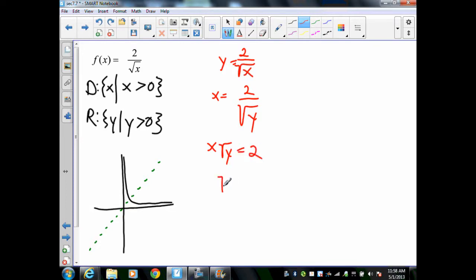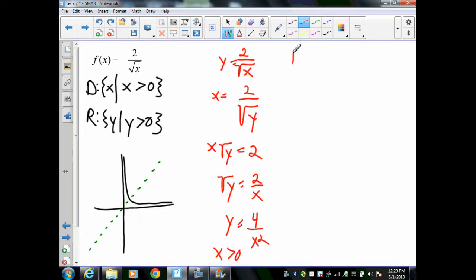Divide by x, the square root of y equals 2 over x. Square both sides, I get y equals 4 over x squared. If we look at our inverse, I can have values of x that are positive or negative. Our function only dealt with values of the outcome that are positive. So let's restrict this to x values that are greater than 0.